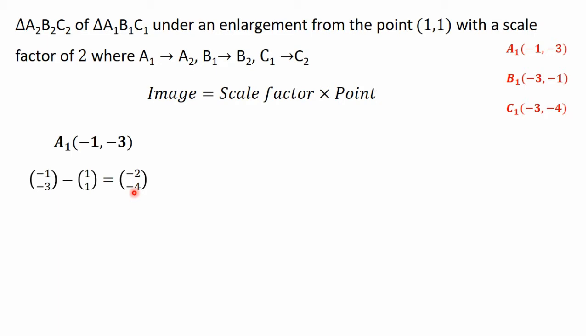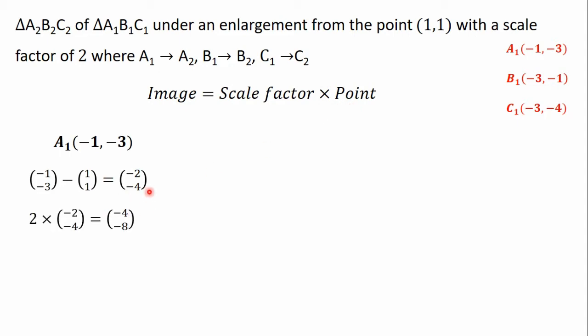The second step says that we should enlarge the resulting point. The resulting point is -2, -4. So we should enlarge -2, -4 from the origin with a scale factor of 2. We have learned that when a point is enlarged from the origin, the image is equal to the scale factor times the point.